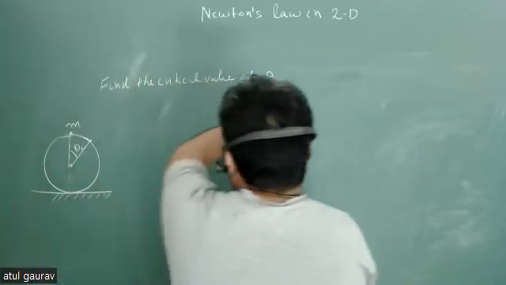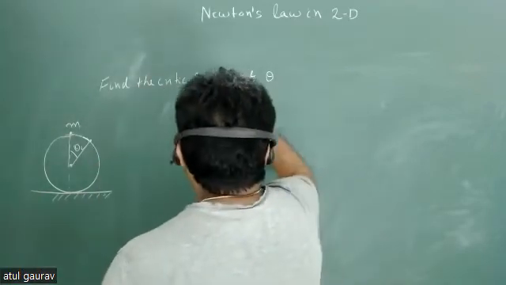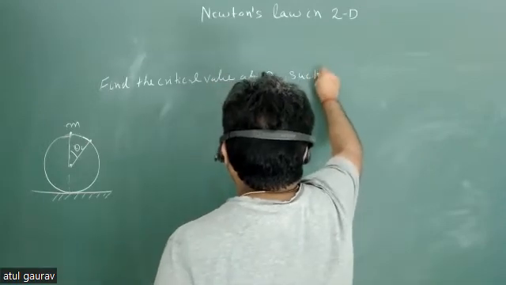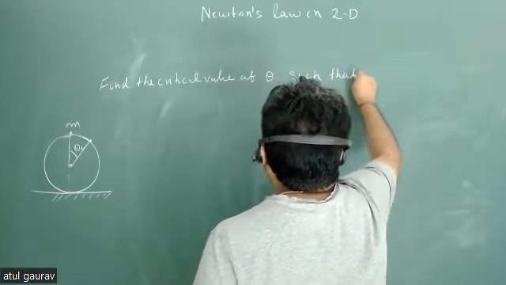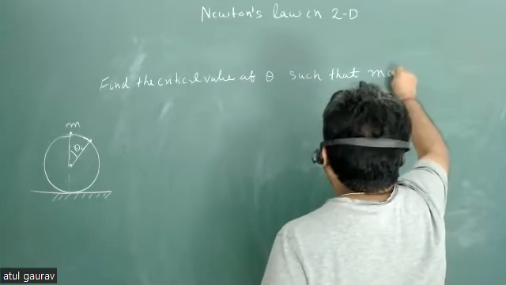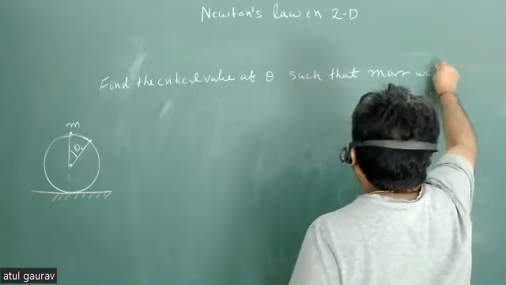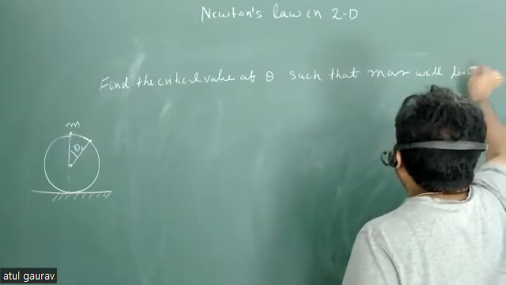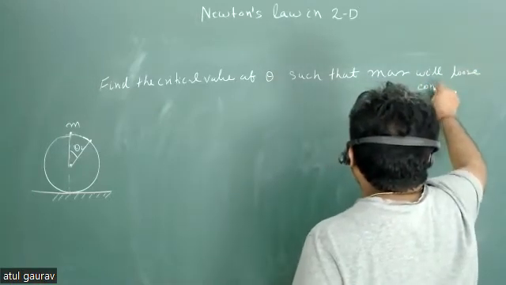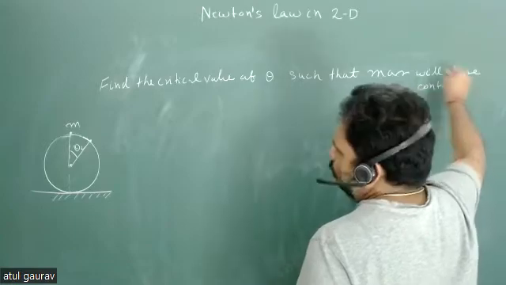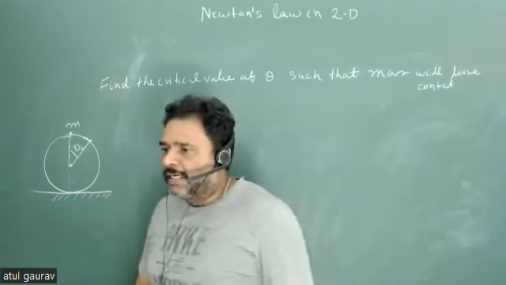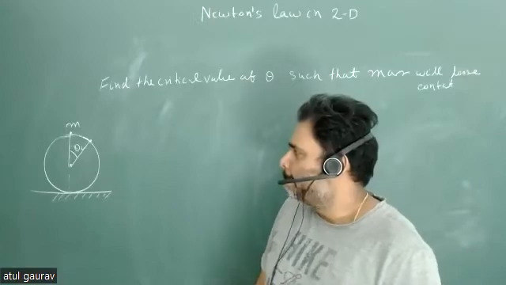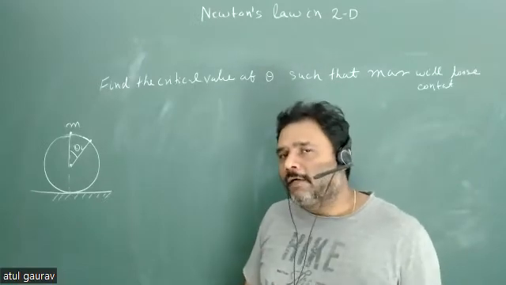Actually, this theta is measured from the vertical, theta such that the mass will lose contact. So you have to find the critical value of this particular theta. What is the meaning of that critical value?